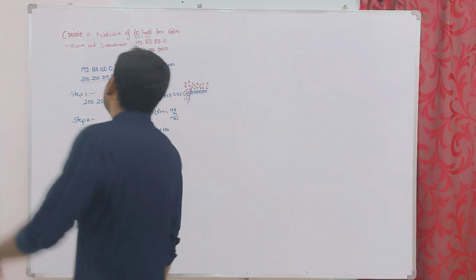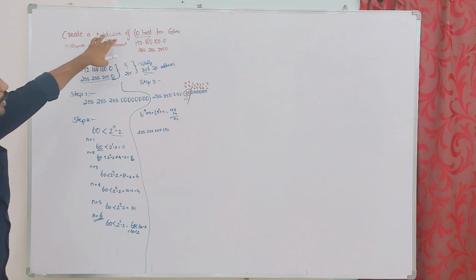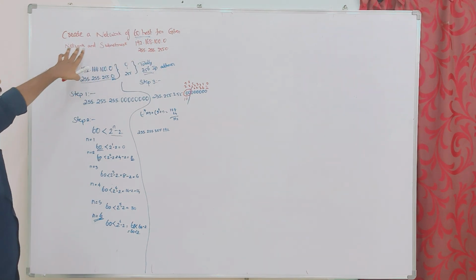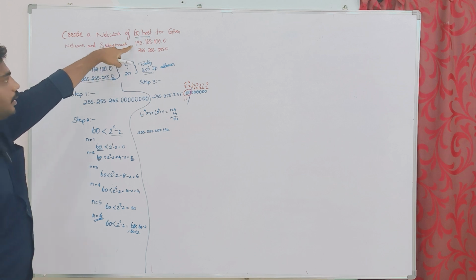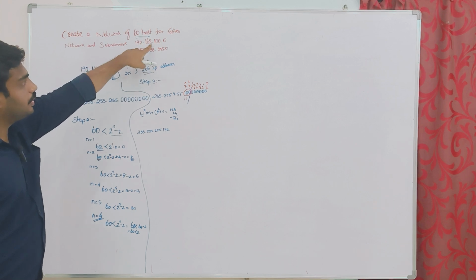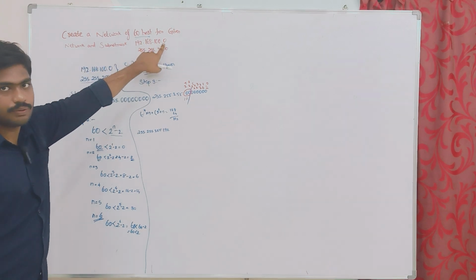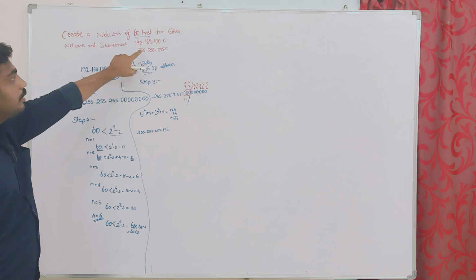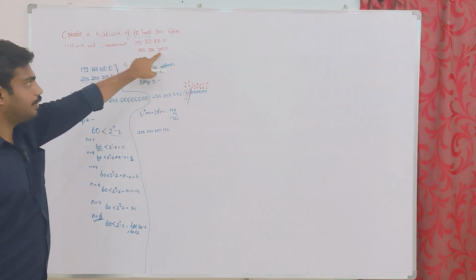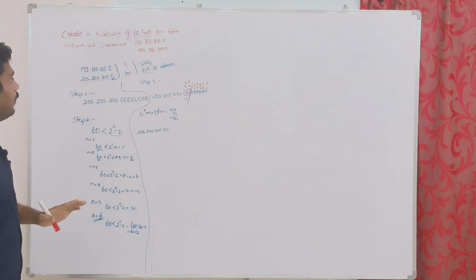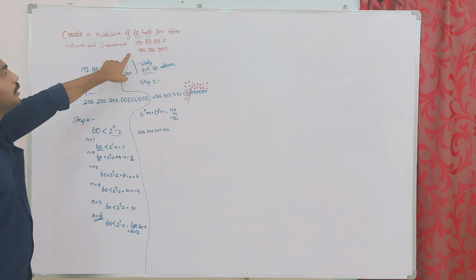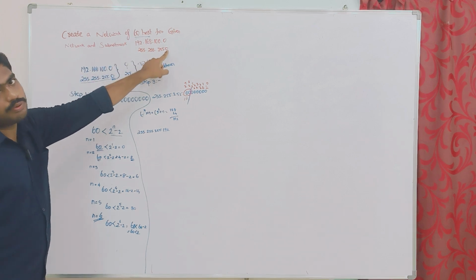Okay, I will tell you one more time. We have a question: create a network of 60 hosts for a given network and subnet mask. The given network is the class C network 192.168.100.0 and the subnet mask is 255.255.255.0. Step 1, we take the subnet mask and convert the host portion into binary.